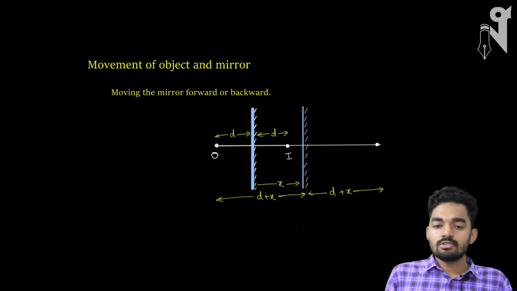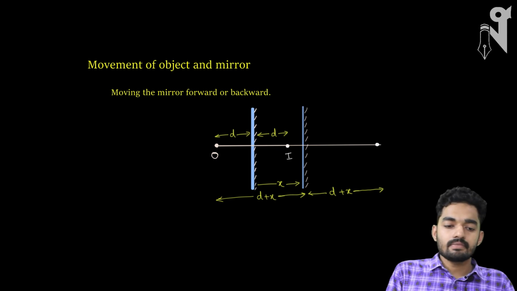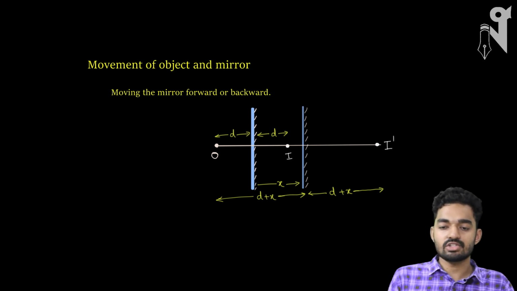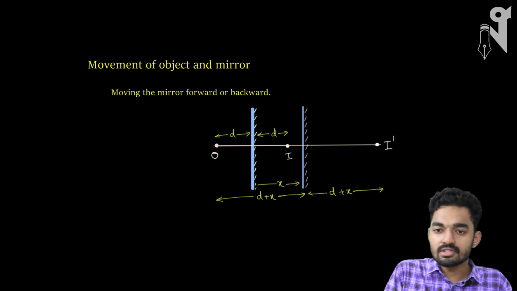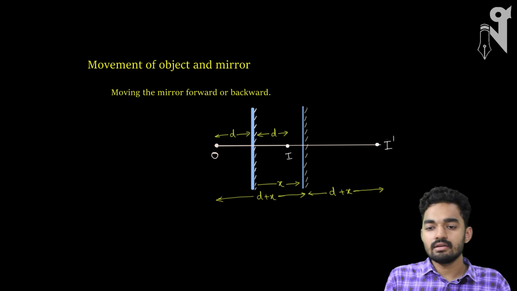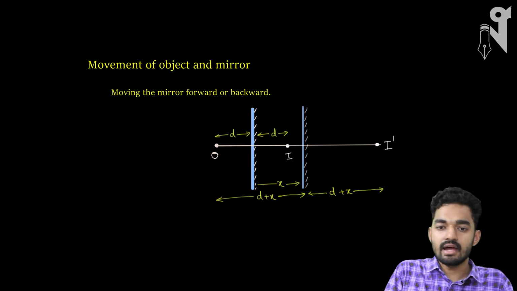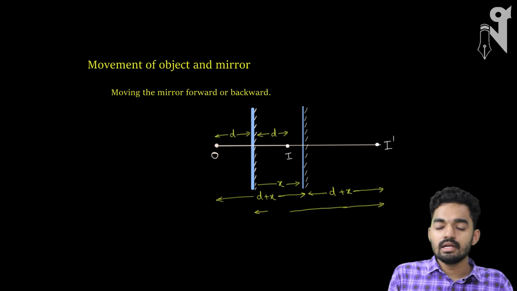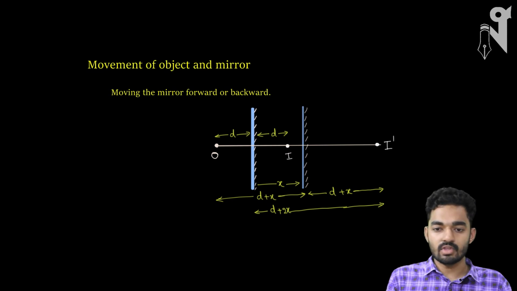Okay, let's name this new image as I dash. Now observe the distance between the old mirror location and the new image. It is this distance, right? And it is equal to d plus x plus x, so that will be d plus 2x.